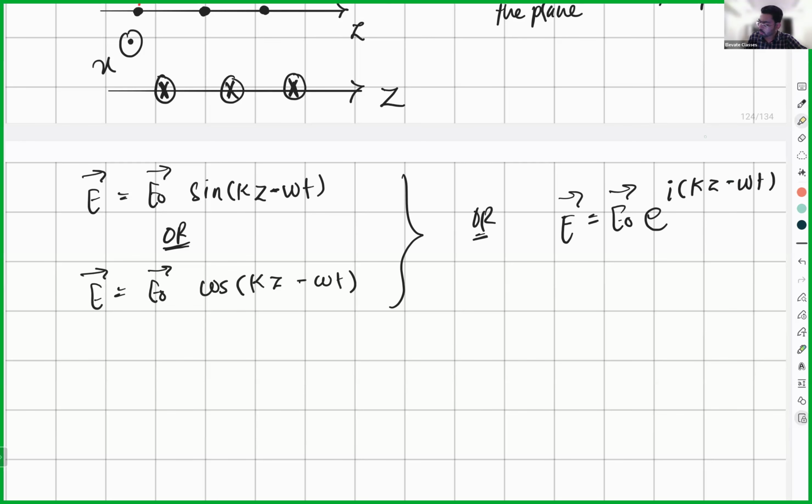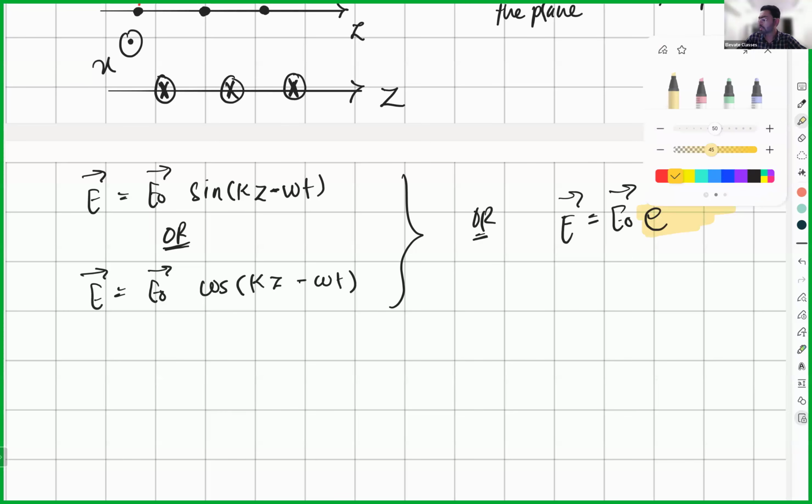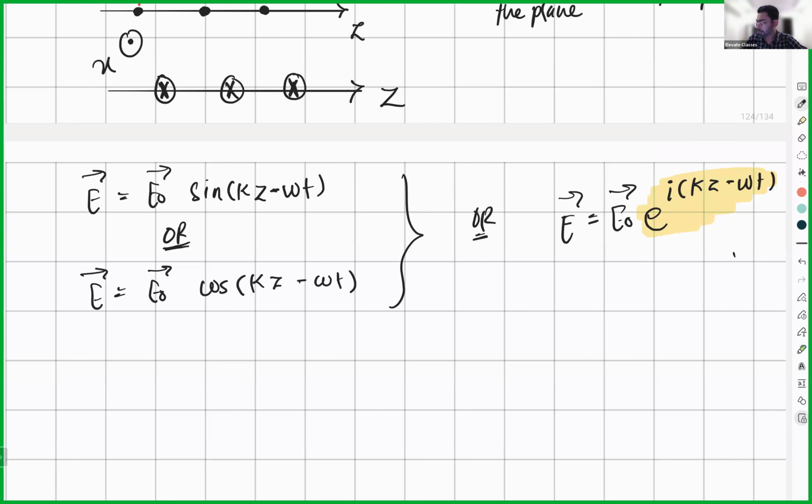Now, why have I used e to the power iota kz minus omega t? In the next step, you can say that we are only representing the real part of this exponential. You can later on specify this information, but sometimes you will be given such expressions only.